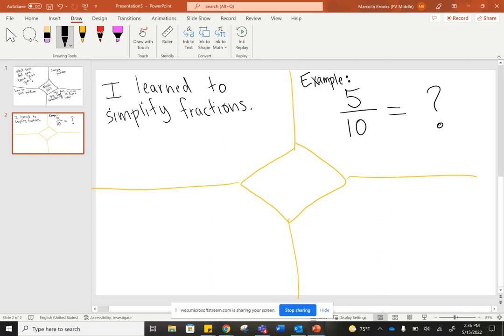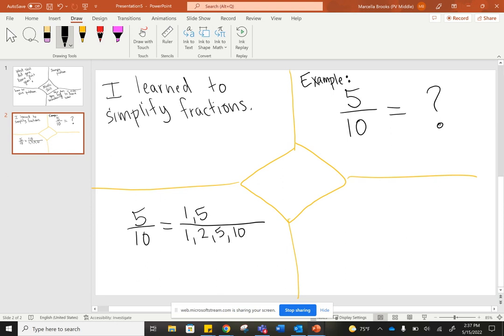And then in the bottom left part of your sheet, you're going to write how you simplify 5/10. So you do 5 over 10. You write all the factors of 5 and 10. So 5 only has 2 factors. 10 has 4 factors.